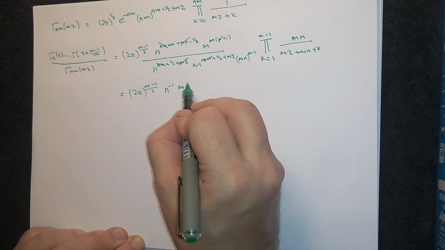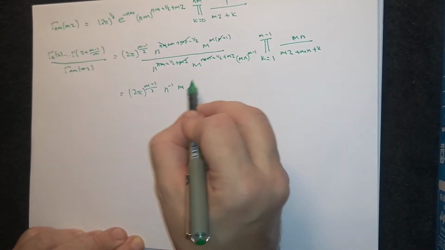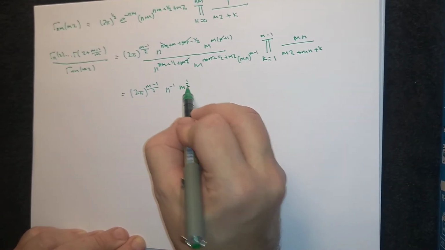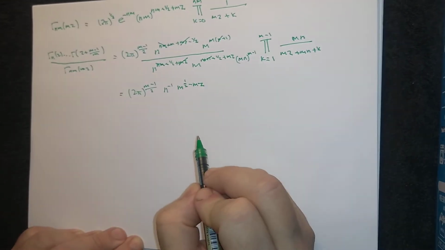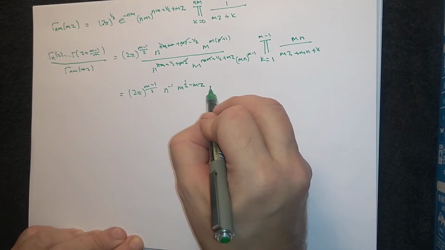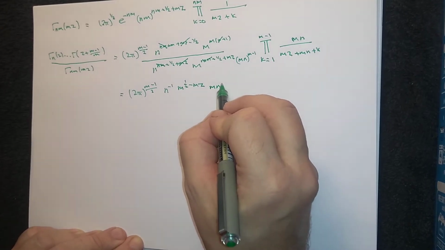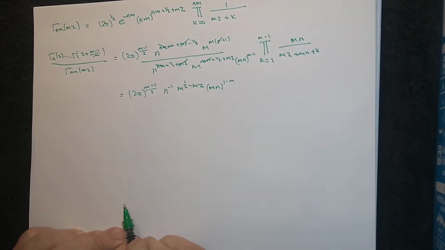We have m there, half minus mz, and we have mn to the 1 minus n.